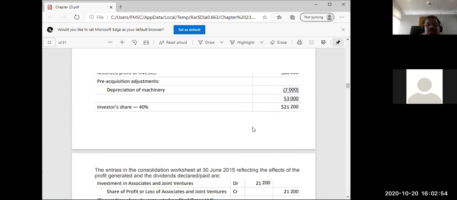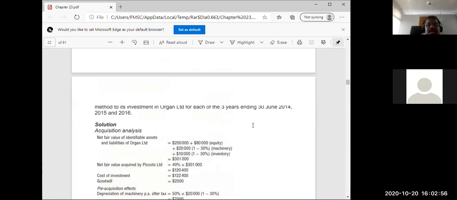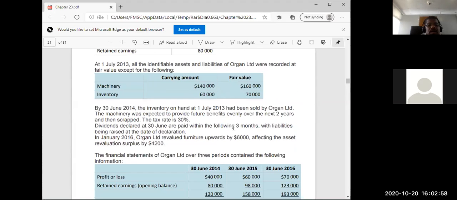So when you go back to this adjustment, you have to understand why we make these two adjustments. You look at the inventory on hand 1st July had been sold, and it was expected to provide future benefits evenly over the next 2 years.